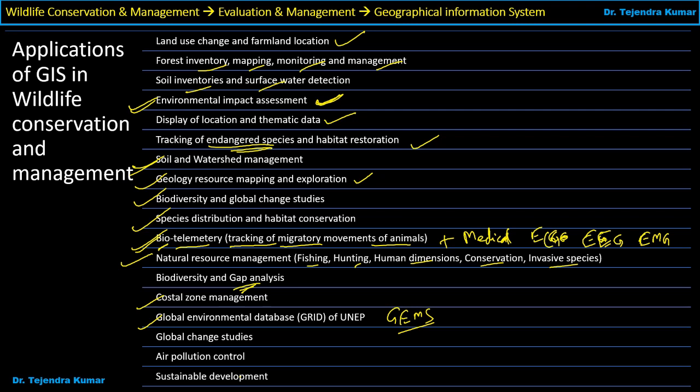So this is GRID, and GIS is very important for this because it is based on GIS as well. Next, global change studies, which can be seen in terms of global warming as well as atmospheric changes. Air pollution control, as I told you in the previous remote sensing as well, and here also, different gases have different efficiency of absorbing and show different graphs. Sustainable development, which is overall development.